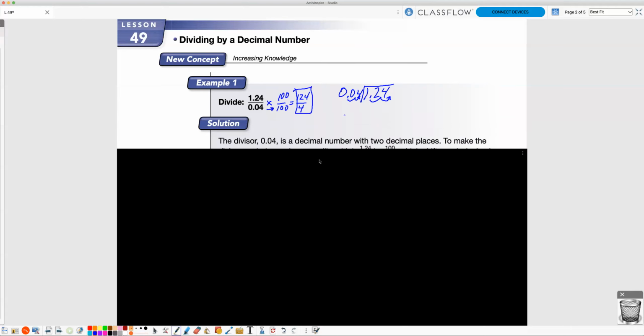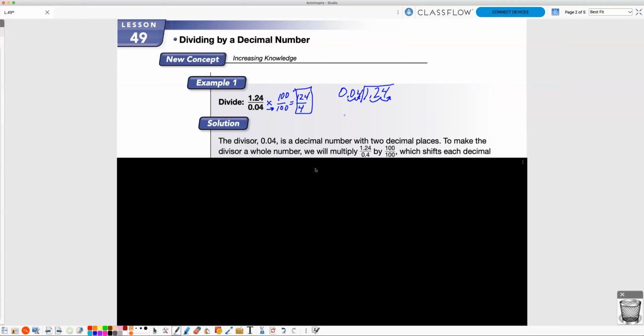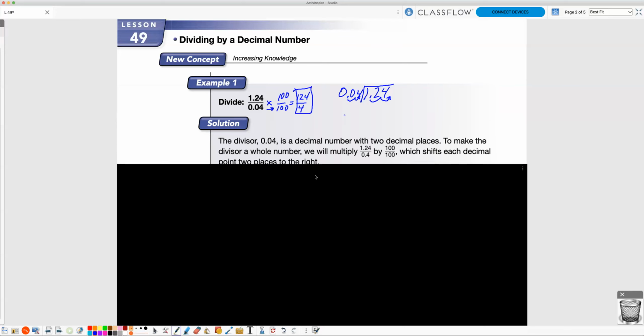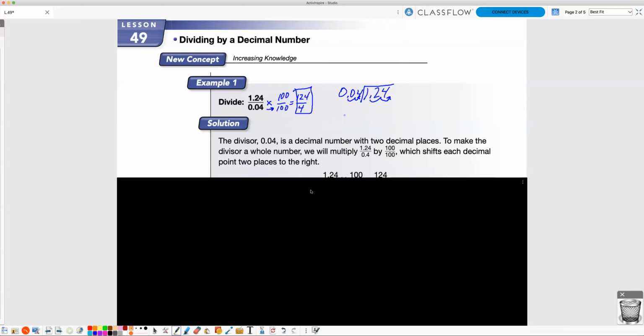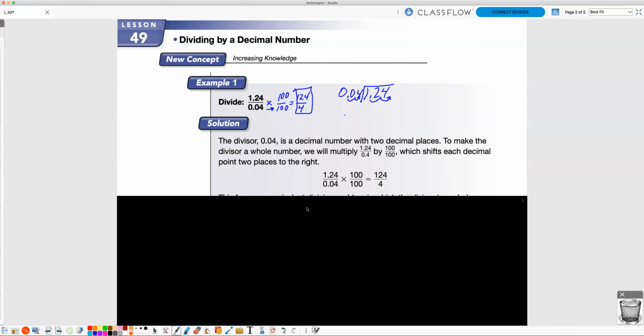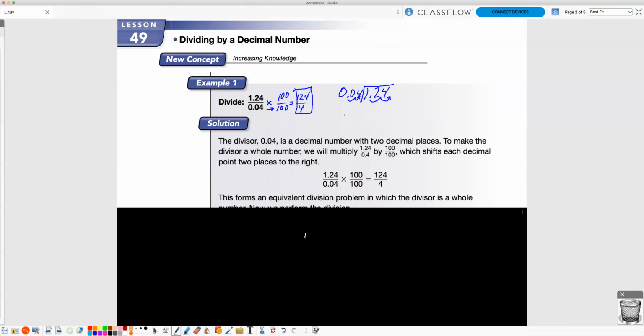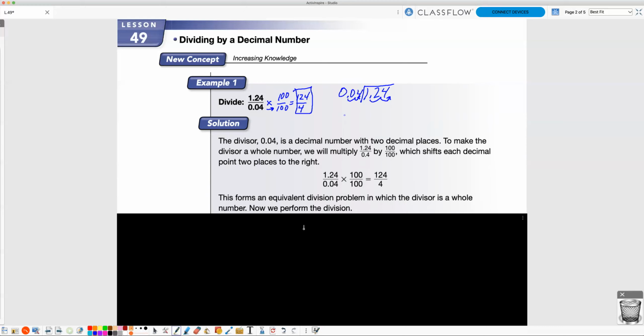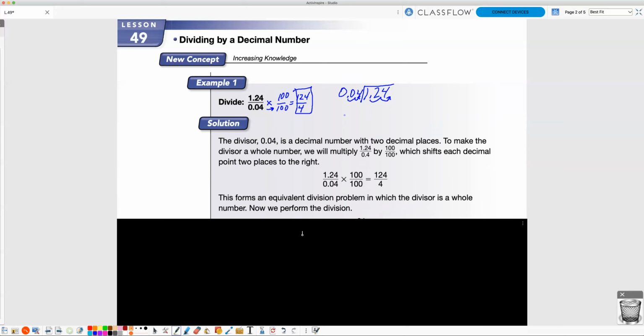So the divisor being 4/100ths is a decimal number with 2 decimal places. To make the divisor a whole number, we simply multiply it by 100 over 100, which shifts each decimal point 2 places to the right. So you'd end up with 124 divided by 4. This forms an equivalent division problem in which the divisor is a whole number, and then we perform the division.